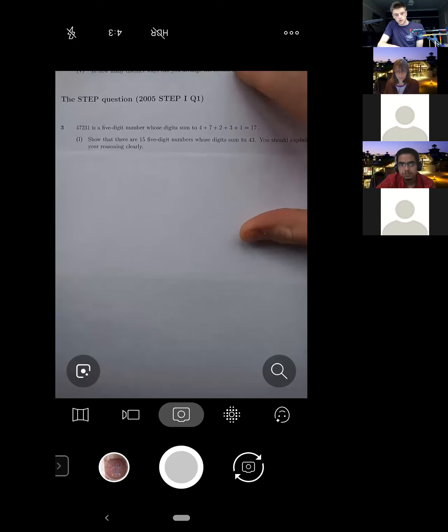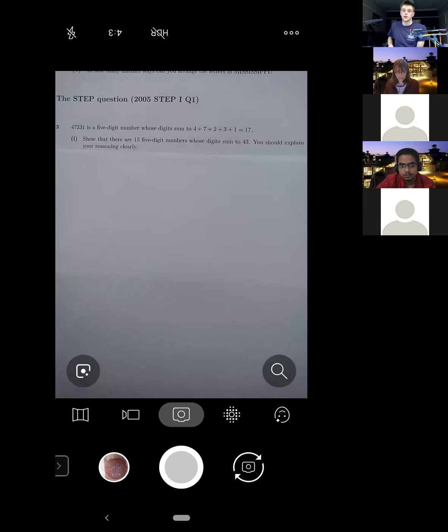So whenever they say show that, you need to be able to justify it with steps that are easily verifiable, because they're giving you the answer. Especially when they're saying show that there are 15, we have to show that there cannot be less than 15 and there cannot be more than 15 either. So that's an important point.